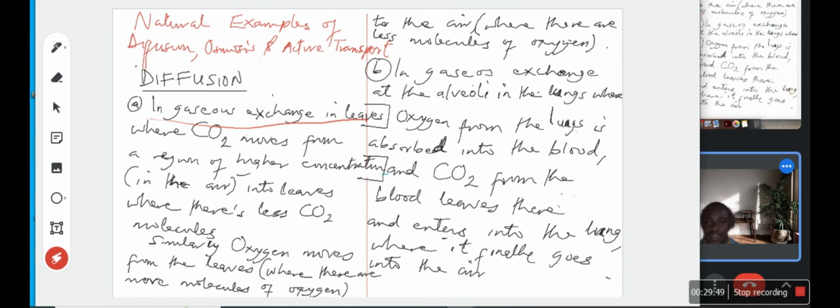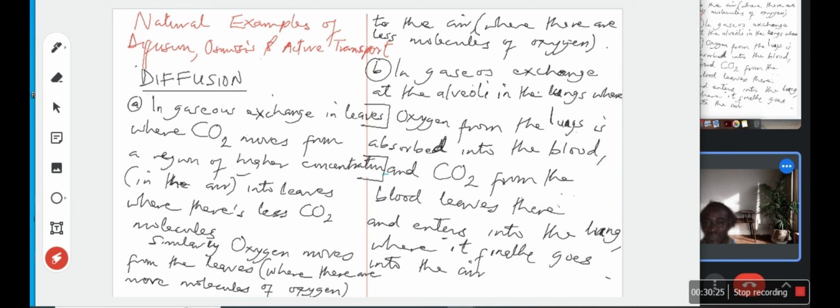In photosynthesis, in gaseous exchange in leaves, carbon dioxide moves from a region of higher concentration, that is from the air, where you have more carbon dioxide, through the leaf, and then it comes out through the stomata. Yes, all of these things occur through the stomata. We'll talk about that.